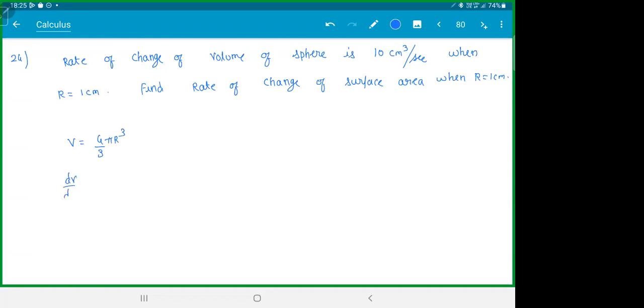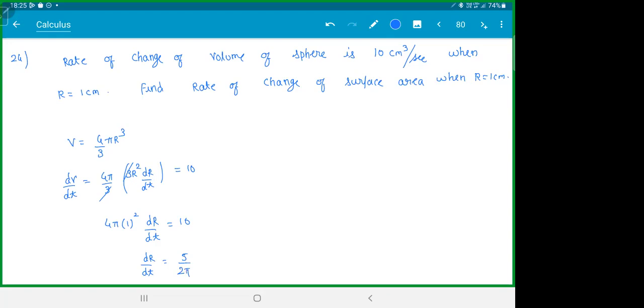So dV by dt will be 4 by 3 pi, this will be 3r square dr by dt, the differential of r cube. And you're saying this is 10. 3 goes off, 4 pi and r is 1. So dr by dt is 5 by 2 pi.